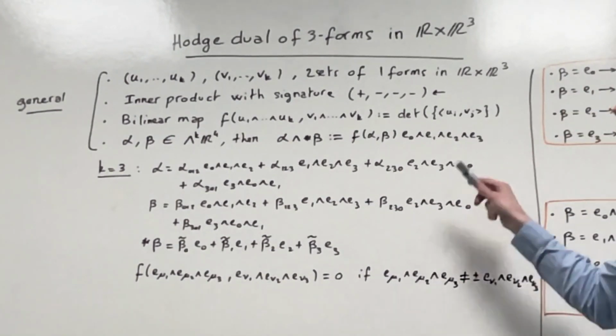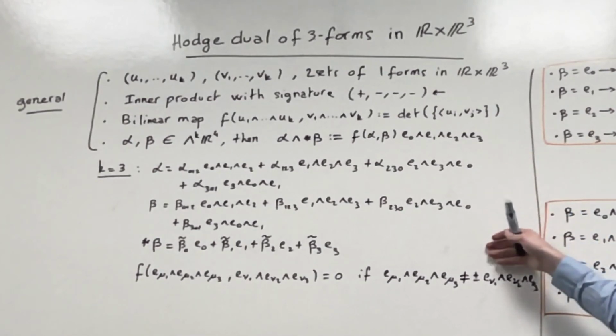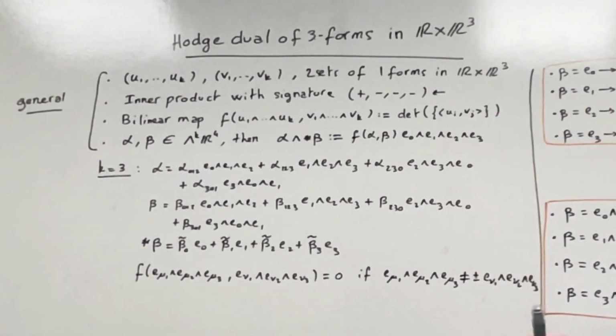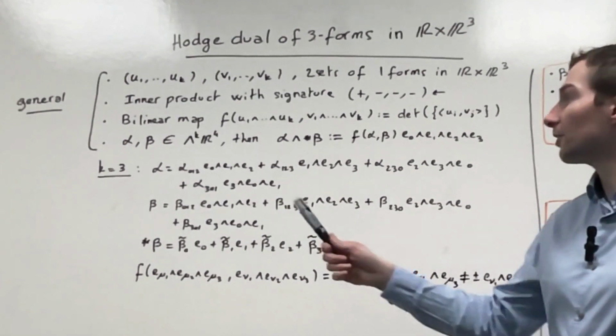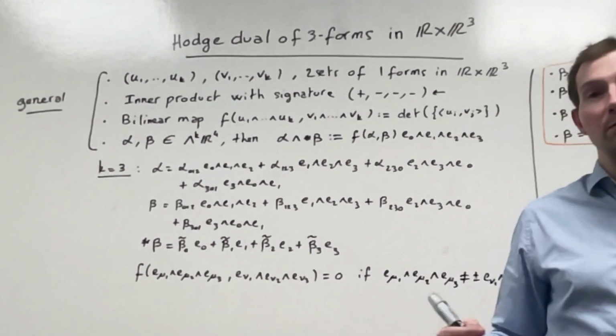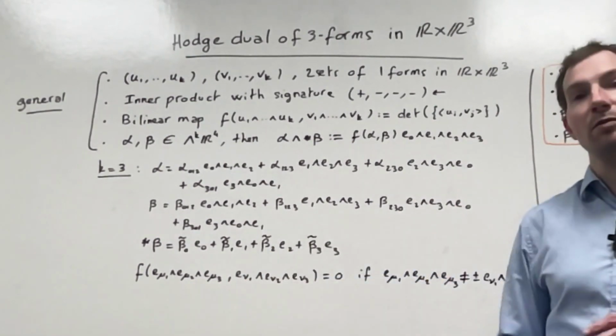Okay, so here I've already filled in part of the work. The only thing I'm saying is that when k is equal to 3, we've got to name things and expand them onto the basis.